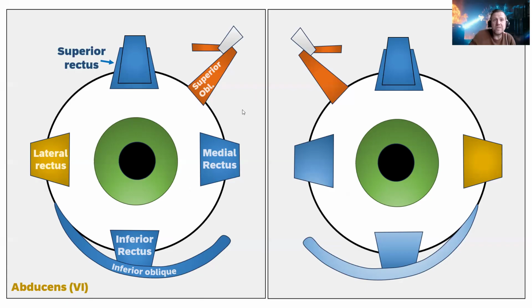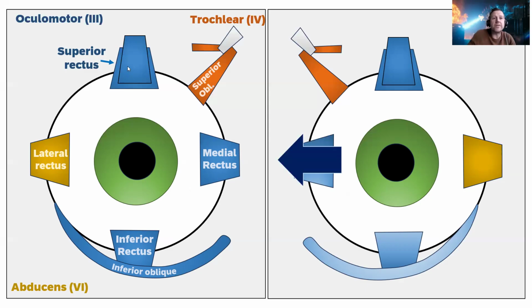And in orange, we see the muscle innervated by the trochlear nerve, namely the superior oblique muscle, and the remaining extraocular muscles, so the medial rectus, inferior rectus, superior rectus, and inferior oblique, are all innervated by the oculomotor nerve, which also innervates the palpebrae superioris muscle, which is located on top of the superior rectus muscle and is responsible for elevation of the upper eyelid.